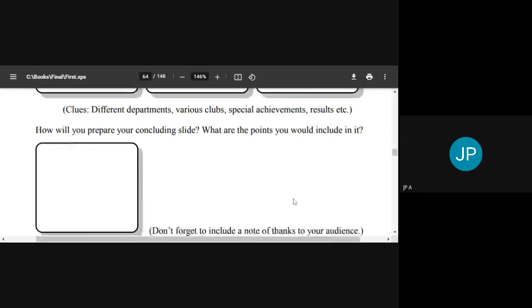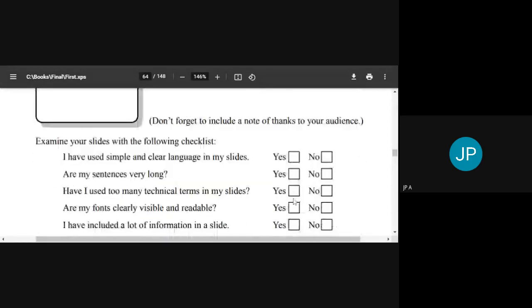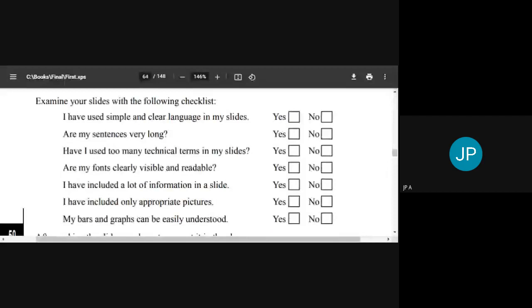So now we look at whether our slides have these qualities. When you prepare the slides, after preparing them, we should check whether the slides that I have prepared have these qualities. What are the qualities?